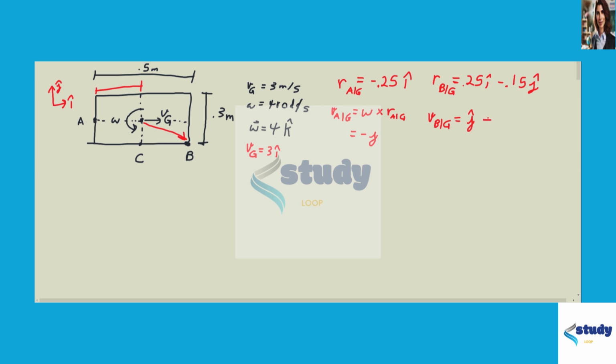So this will end up giving us a positive 0.6 i-hat. So we have our two velocities then. So that's pretty simple so far.